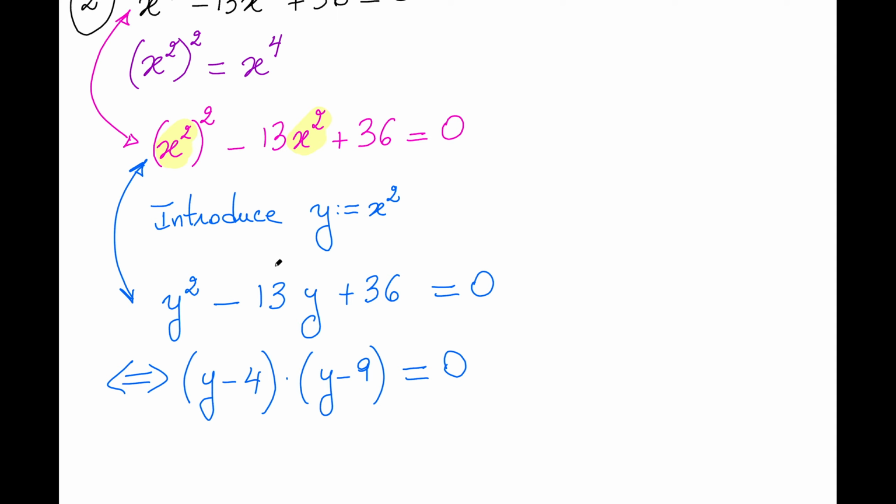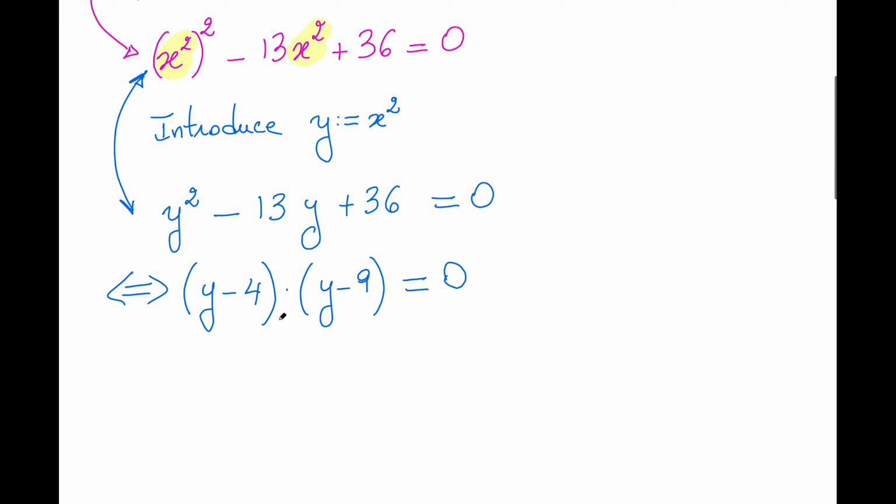If you do b squared minus 4ac, you're going to find a non-negative number. In fact, in this case, it's going to be a perfect square, and as such, you can find the m and the p from the previous section and factor it. What you should get is y minus 4 times y minus 9. What does this mean?